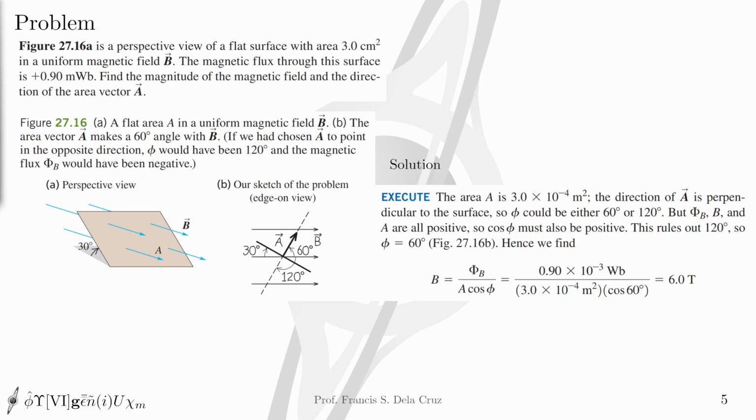If you can remember, our expression for the magnetic flux is the integral of B dot dA, the dot product of B and dA, and then you take the integral of it. Now that we were given the magnetic flux, and the geometry of our problem is easy, the problem already gave us the surface area.